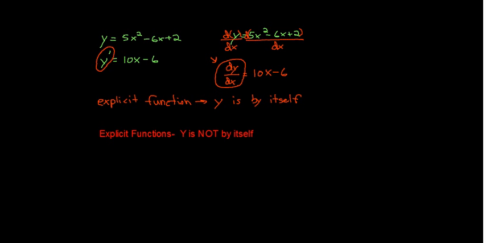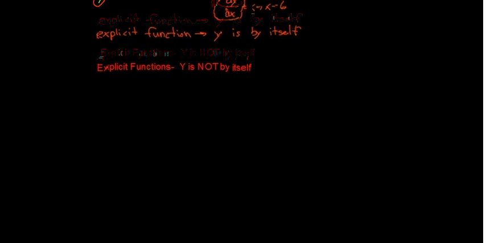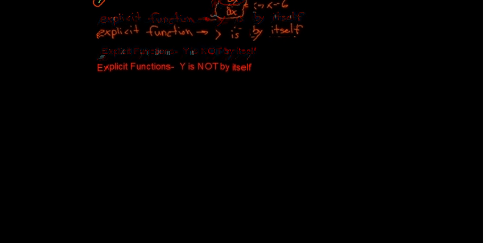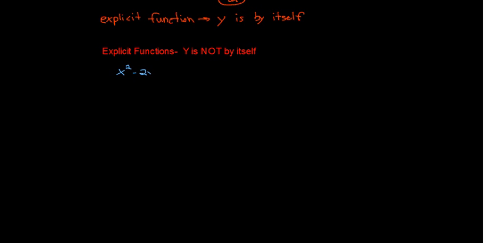Alright, that's what we want to take a look at. What if y is not by itself? What if we have an equation kind of like this? If we have x squared minus 2y cubed plus 4y equals 2. Wait, I wrote that wrong, didn't I? I'm sorry.